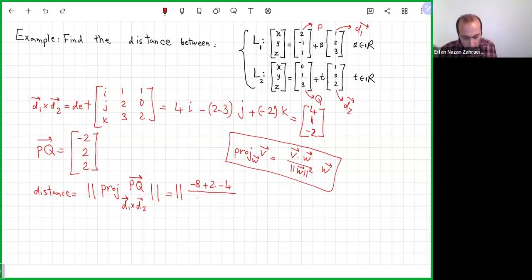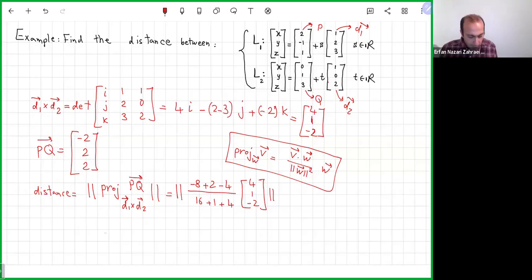So 4 squared, 16, 1 squared, 1, negative 2 squared, 4. This is the root of the length and then squared, so they cancel each other. And then the other vector, which is D1 cross D2: 4, 1, negative 2.